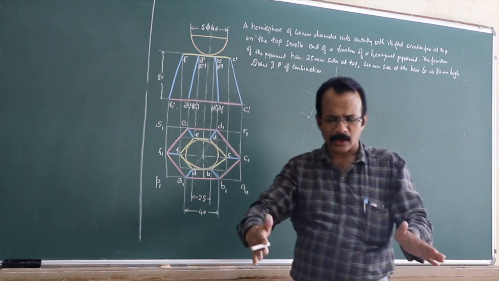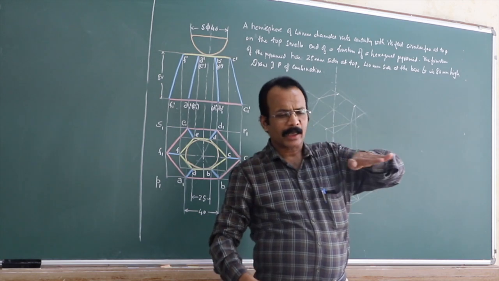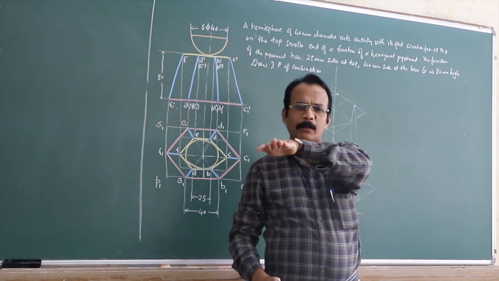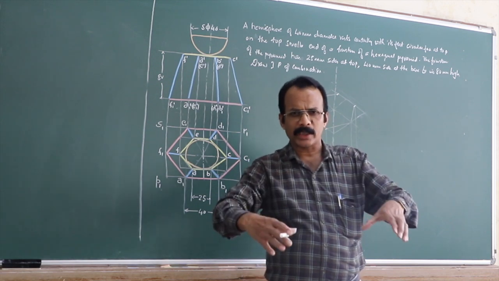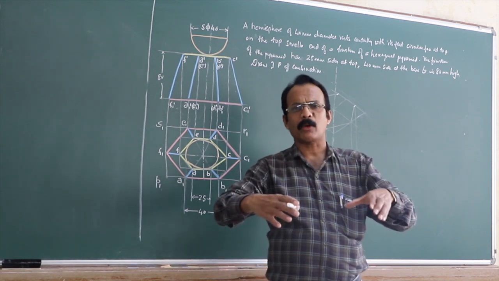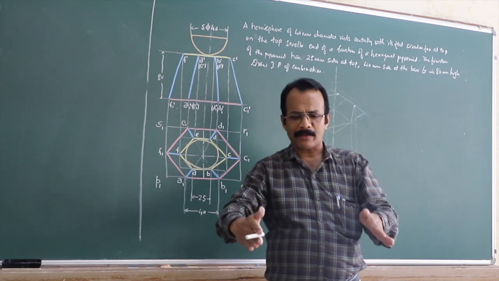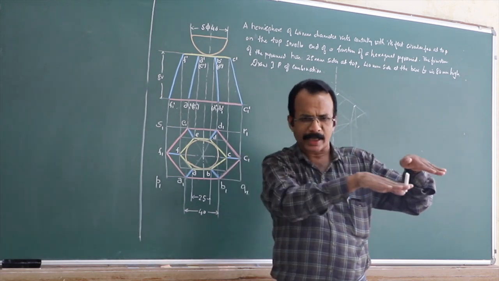You know the hexagonal pyramid, when it is cut with the help of a cutting plane parallel to the base, then whatever retained portion is there is called the frustum of the pyramid. So you have a hexagonal pyramid, and you have cut it like this.